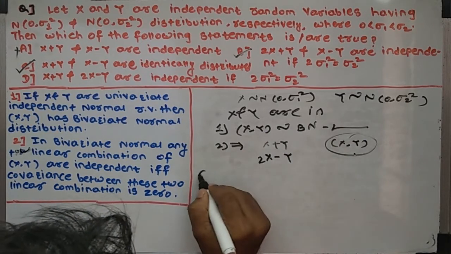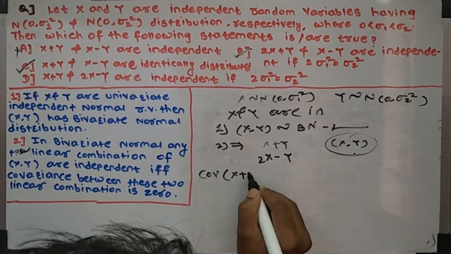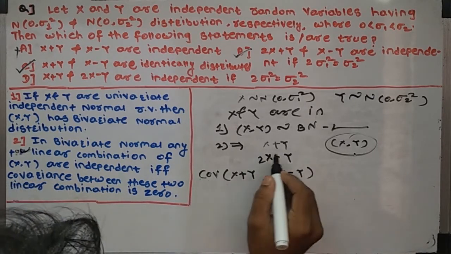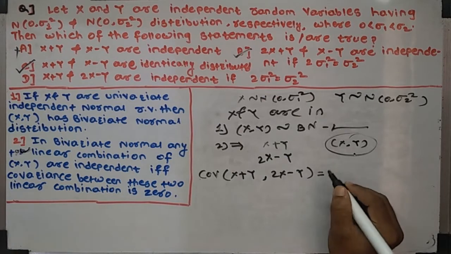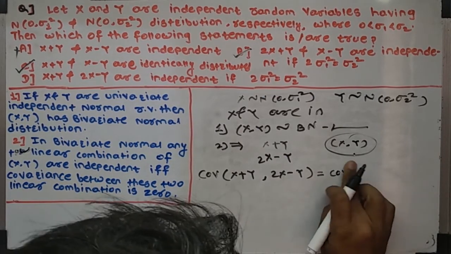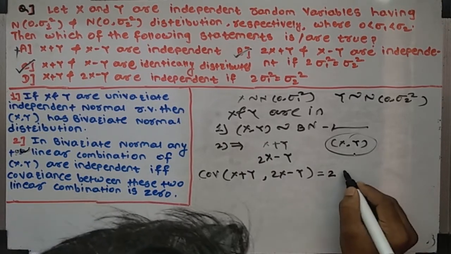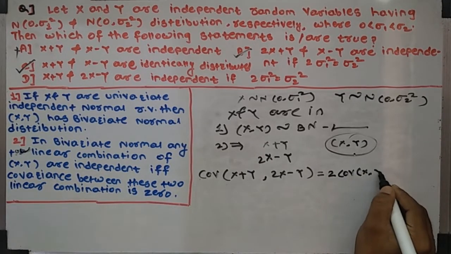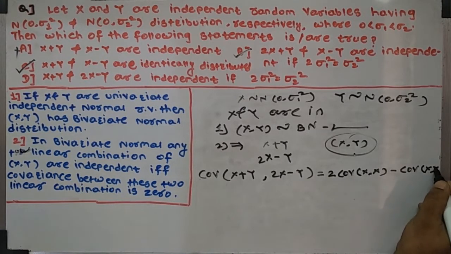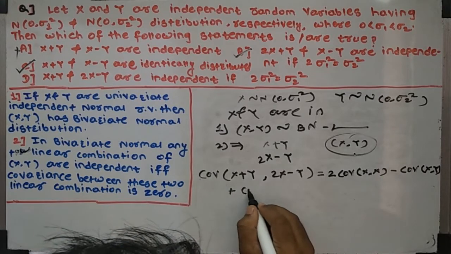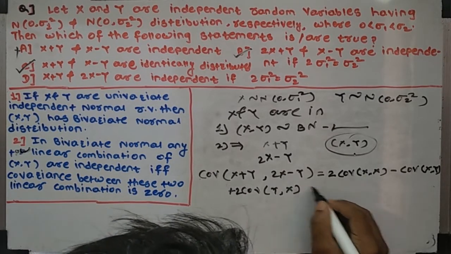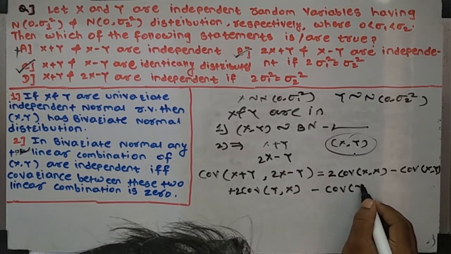are independent if the covariance between x plus y and 2x minus y, that is the covariance between these two linear combinations, is 0. Let's check when this covariance is 0. So this is equal to 2 times covariance between x comma x, minus covariance between x comma y, plus covariance between y comma x with 2 outside, minus covariance between y comma y.